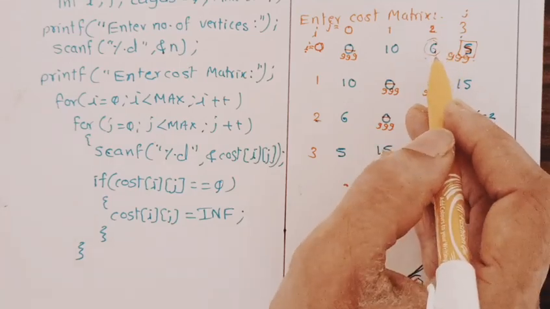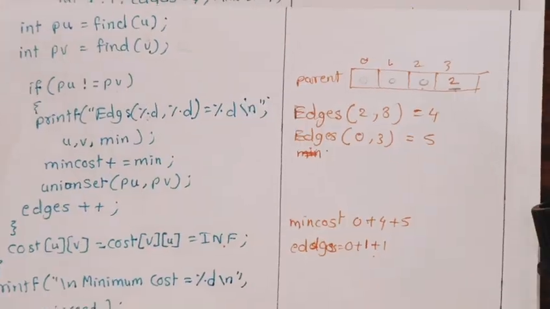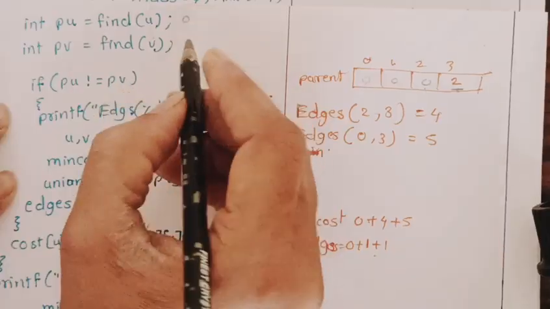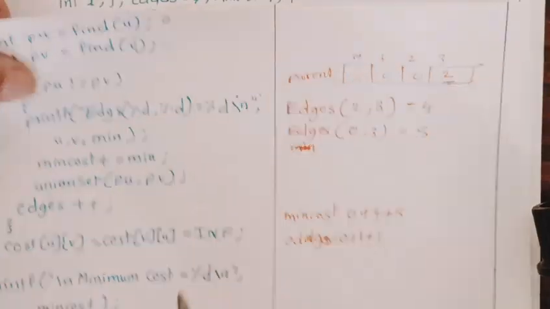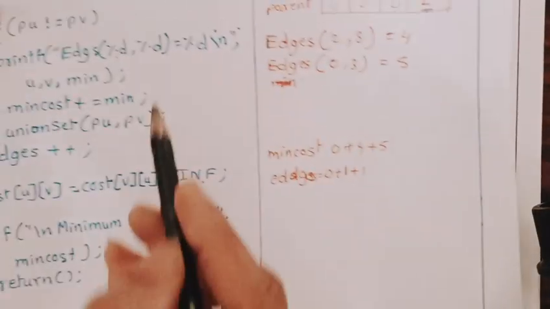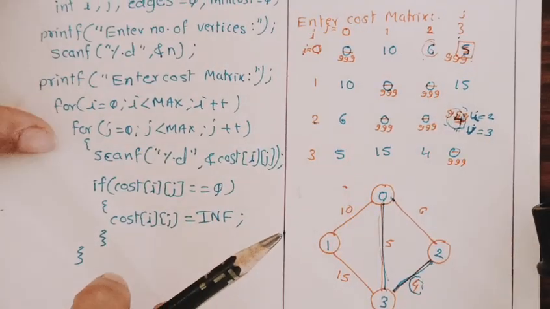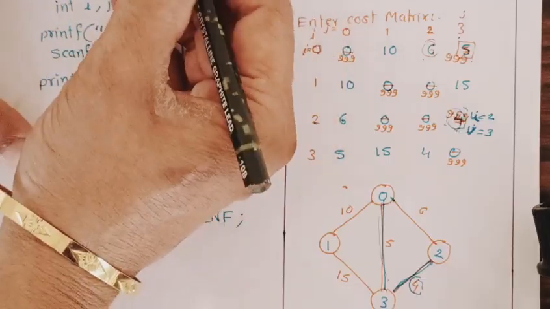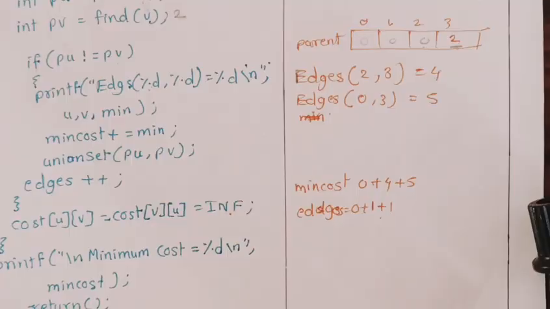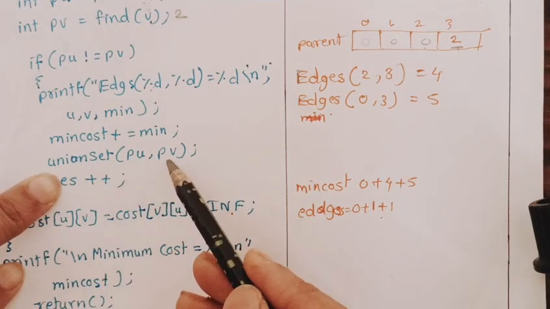So the u value is now 0 and the v value is 2. Okay, so we are finding the u value here, 0. So what is the parent of 0? Here we have to do union set pu and pv.